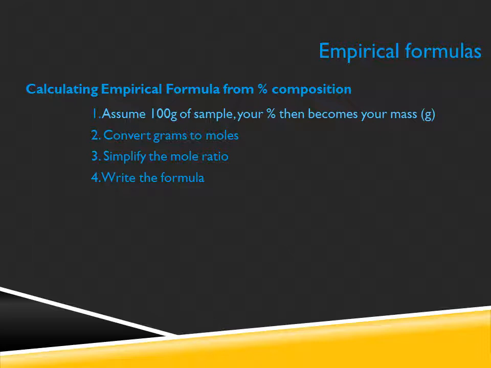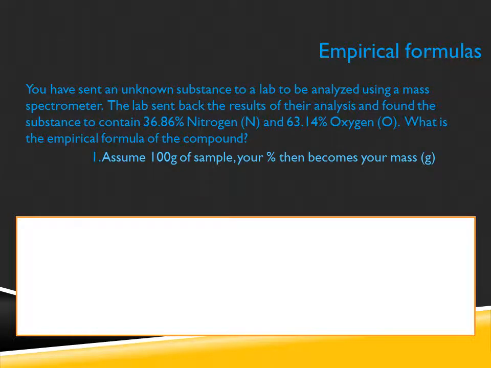So let's apply these steps in the example. In this example, you have sent an unknown substance to a lab a few days ago to be analyzed using a mass spectrometer. And the lab sent back the results of their analysis and found that the substance contains 36.86% nitrogen and 63.14% oxygen.